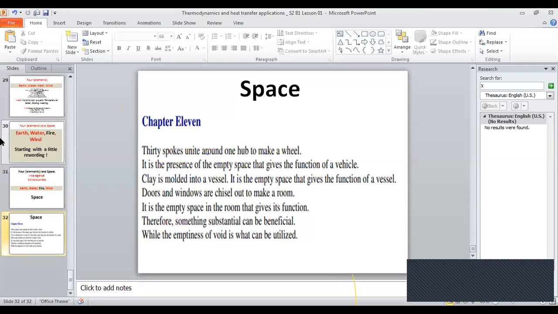Very good. It is the empty space in the room that gives it its function. You know that. So one day when you are going to design your own house, or when you dream of your own house, I believe you will remember me and this chapter 11.